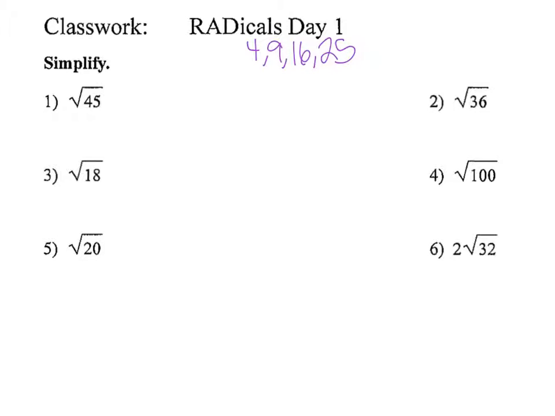Those are the most common. What perfect square goes into 45? 9 times 5. The square root of 9 times 5. Well, 9 is a perfect square, so it comes out. Your answer is 3 square root 5.